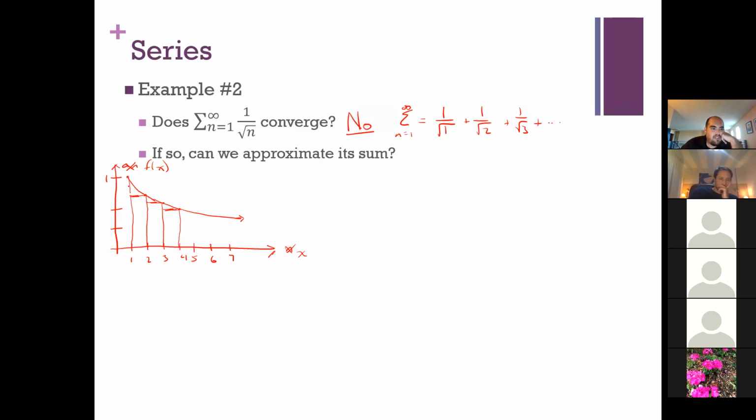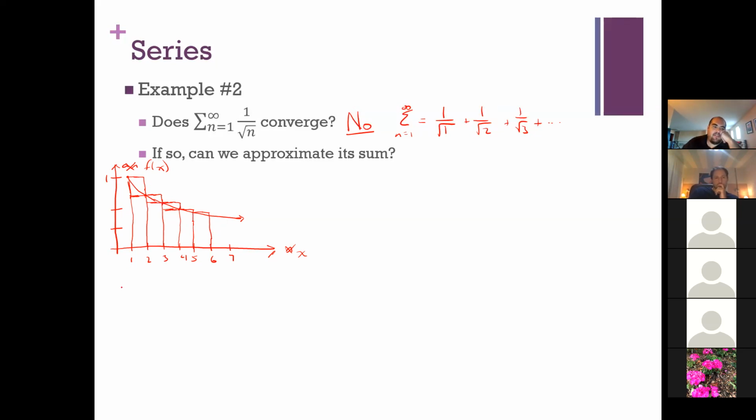I'm sorry, this time I want to do a different approach with rectangles. Basically, I want the height of these rectangles to take the left end of the curve over their interval. In my last example, I had some space between the rectangles and the curve. In this case, the rectangles are going to be above the curve.